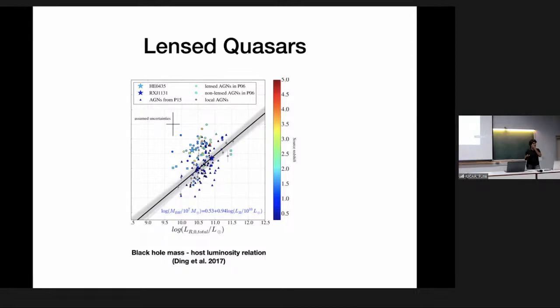And so to be able to answer these kinds of questions, we want to look at the relations between the host properties and the black hole properties. People have tried to measure the black hole masses and then correlate them with host properties like the total luminosity or the bulge luminosity, and so on. But with lensed quasars, because of the lensing magnification, we can look at much more distant and fainter quasars and get constraints on these systems, allowing independent constraints on these kinds of scaling relations.